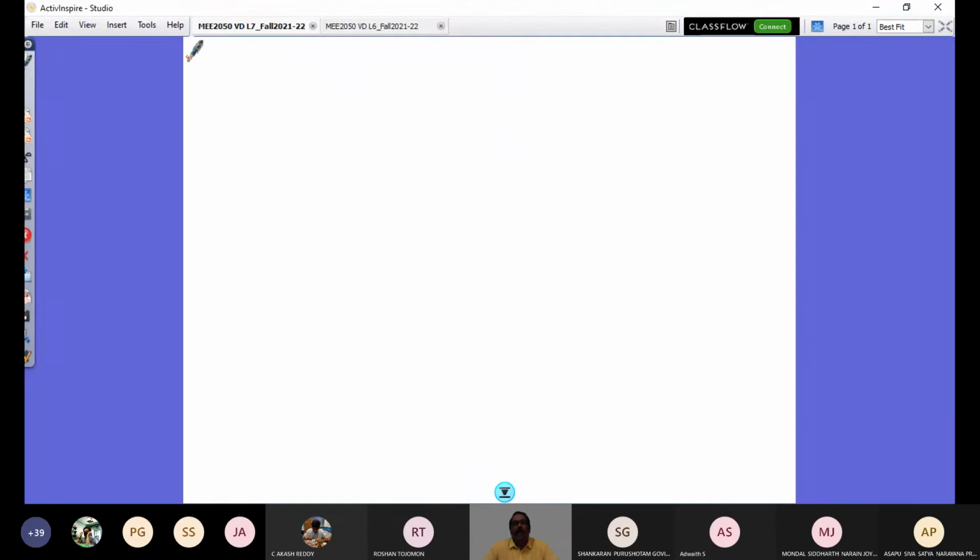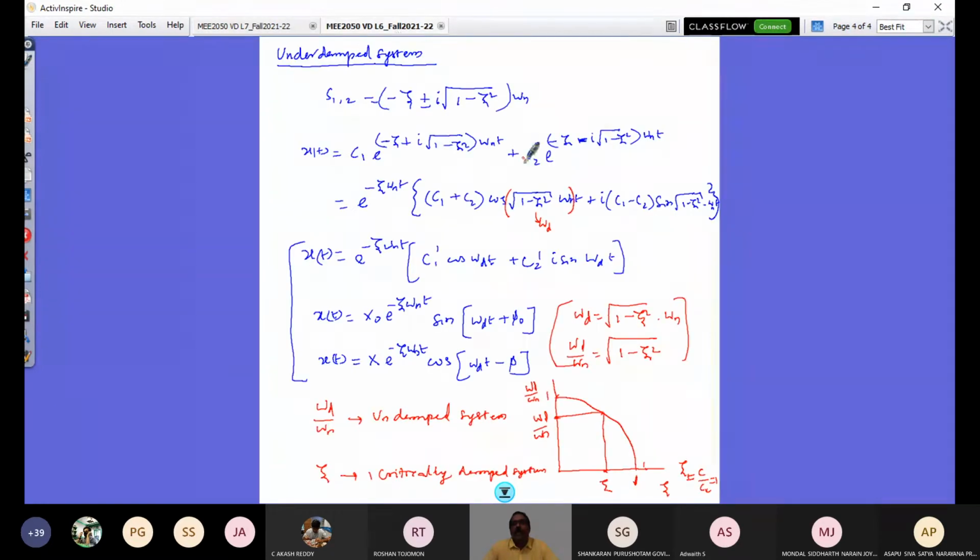Quickly, let us look at the point where we stopped in the last class. We were looking at the underdamped system, where we had the two roots of the characteristic polynomial given by S1 and S2, and our response was represented by this. You can represent it in three different forms of the response of underdamped free vibration.